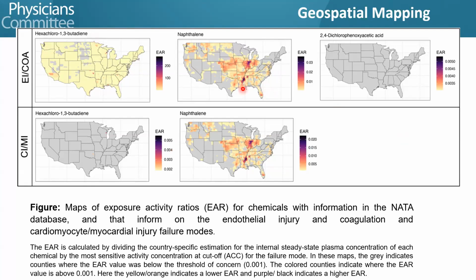As you can see, by utilizing this approach, we have identified the regions within the United States that could be potentially rich for exposure to these chemicals. And this can help us make different kinds of decisions, but not just alone. This is just an example of how we can utilize different NAM-based approaches in different scenarios to address different health issues.